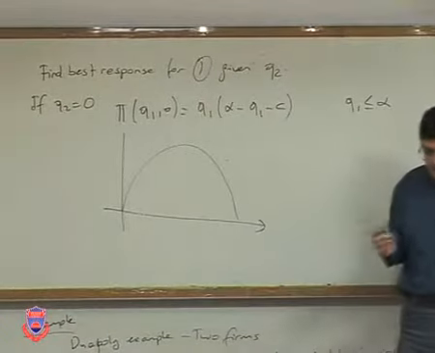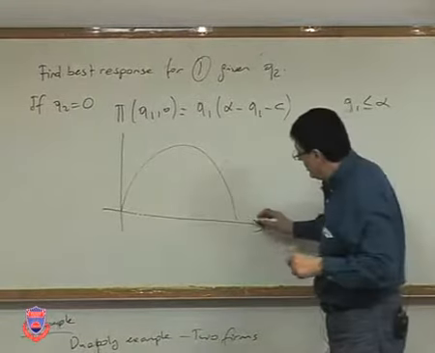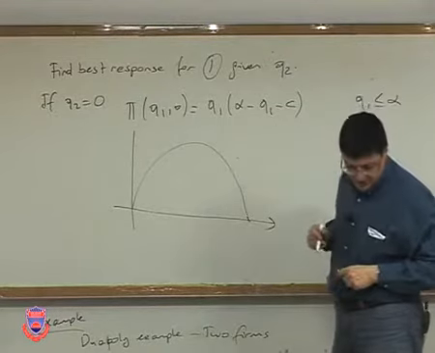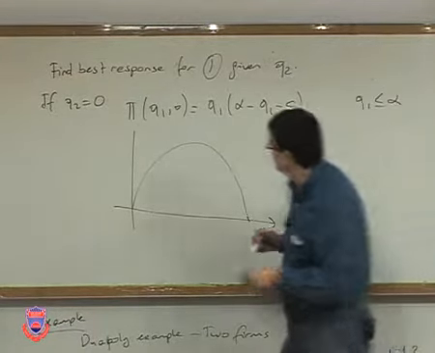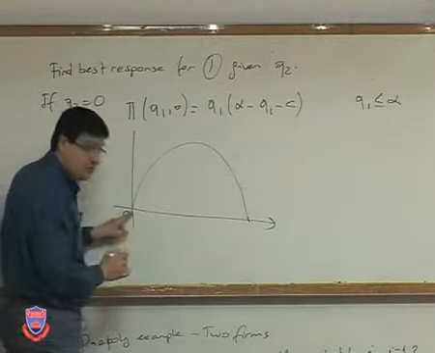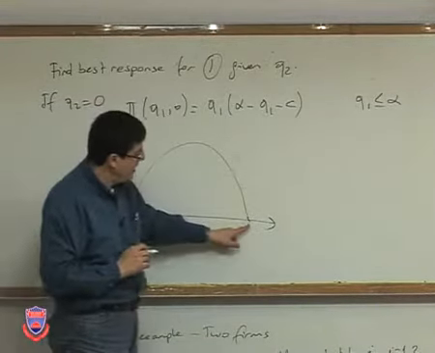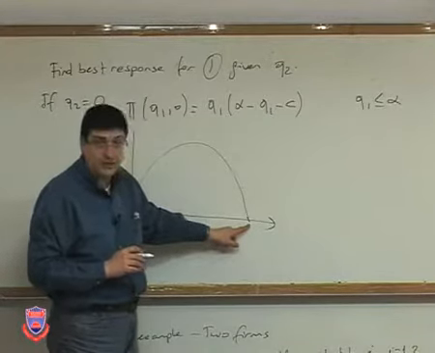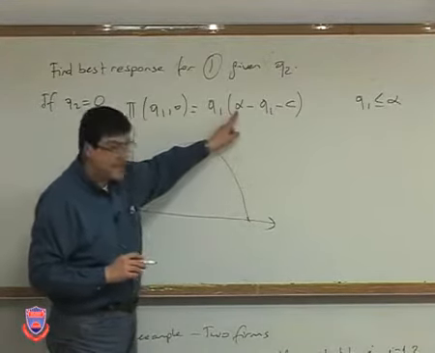It's a quadratic function. So this is when Q1 is equal to 0, okay, the profit is going to be 0. And when Q1 is another value, the profit is going to be 0. So what is that value?